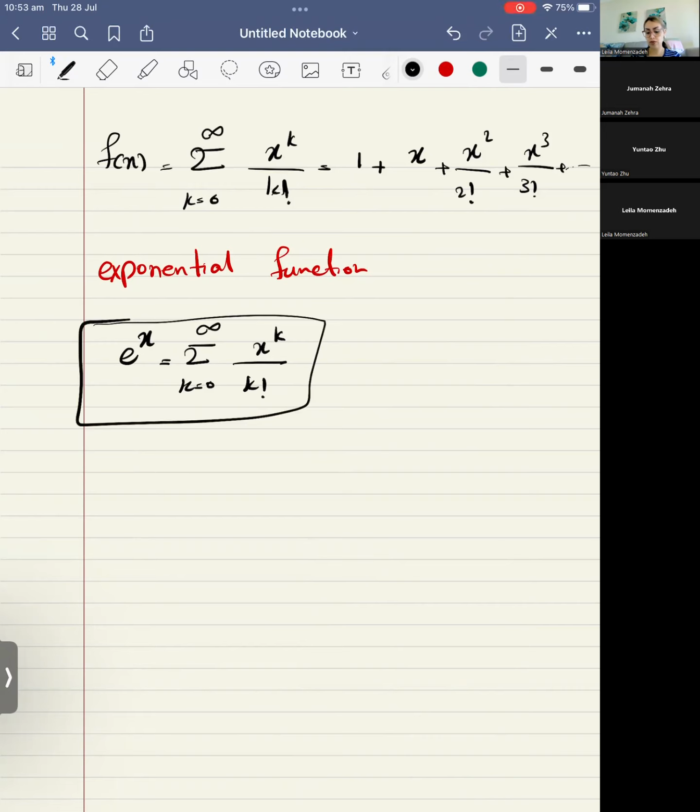We should use this rule. And now let's check the derivative. d over dx of e to the power x is e to the power x, and e to the power 0 is 1.